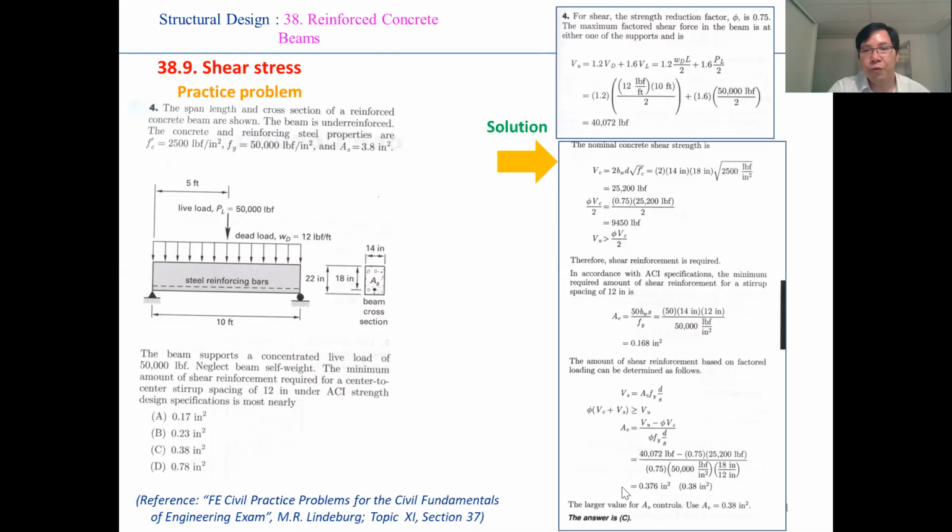The final result of Av is equal to 0.376 inch square. So when you compare the final result with the options given in the beginning, you can see that the good answer is C.